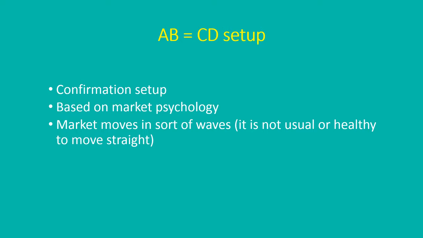Apart from being a confirmation setup, the ABCD setup is also good as a standalone setup, so you don't really need to use it as a confirmation, but you can base your trading strategy only on this ABCD setup. But as I said, for me it's just a confirmation setup because I always want to see volumes first and then confirm volume setups with setups like this one.